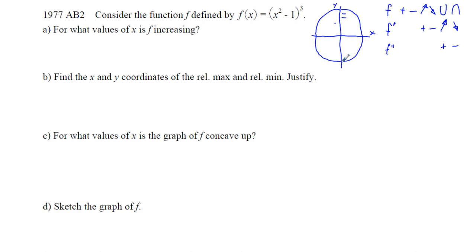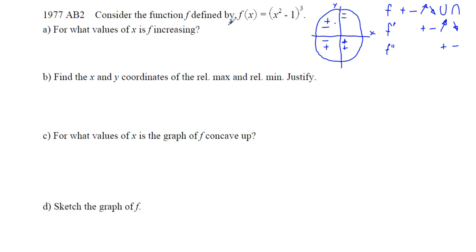Lower right, we are increasing and concave up, so plus plus. The lower left, we are decreasing, but we are concave up. And in the upper left, the function is increasing, but we have a concave down shape. We're going to plug these pieces into our sketch for our graph where needed.